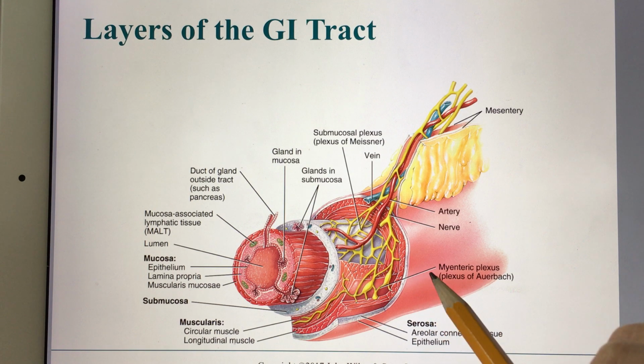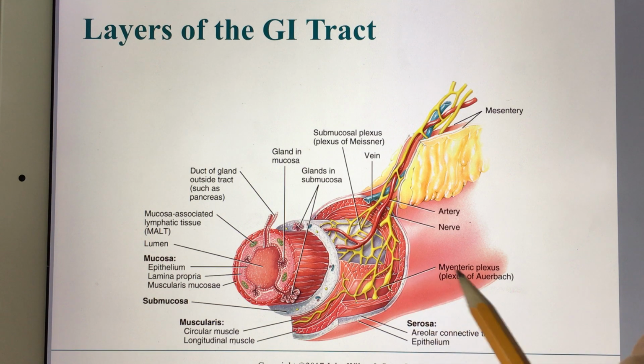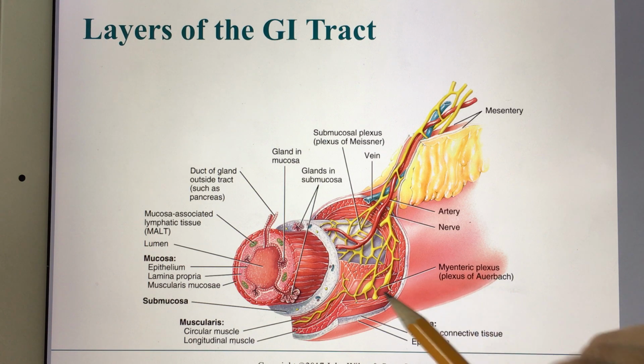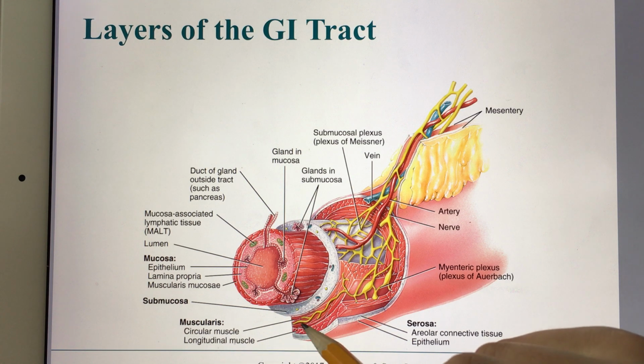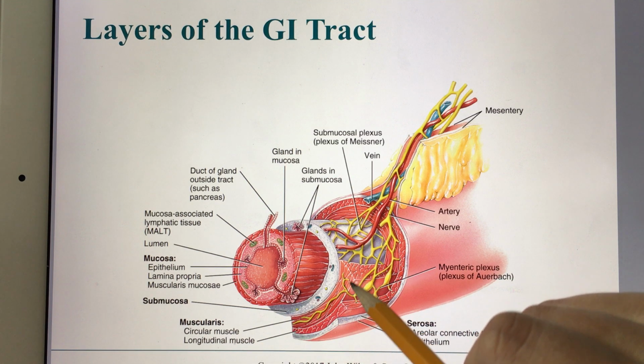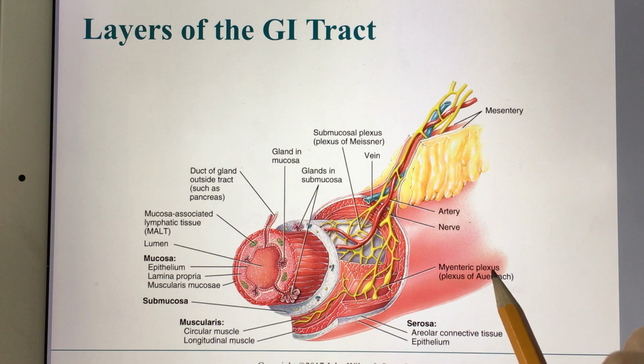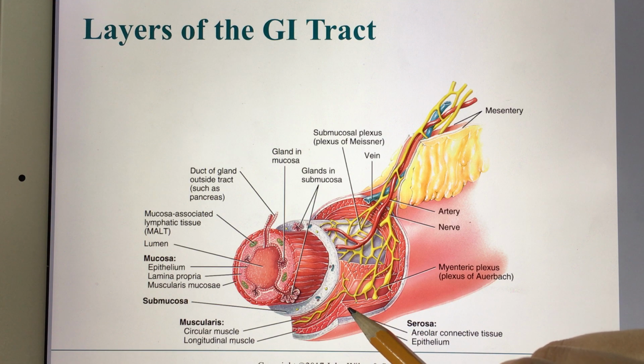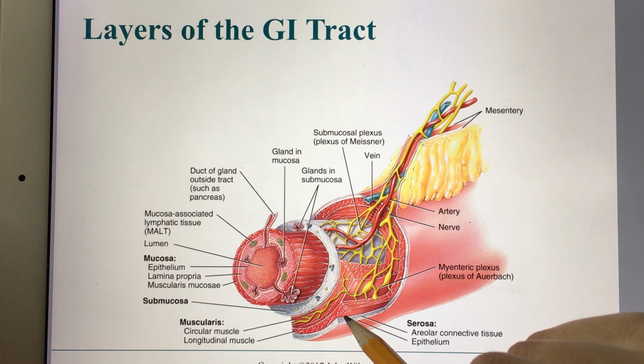And the next network of the neurons, called myenteric plexuses or plexuses of Auerbach, these are located in the muscular layer of muscularis, the more superficial layer of the digestive tract. And these myenteric plexuses, they stimulate the muscle of this muscularis to contract, and that's going to be largely involved in the movement of the food through the digestive tract through a process called peristalsis.